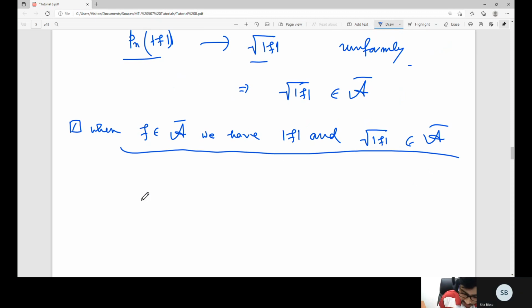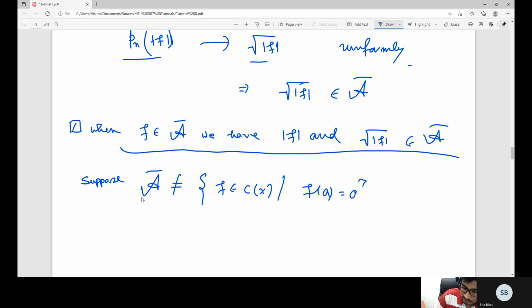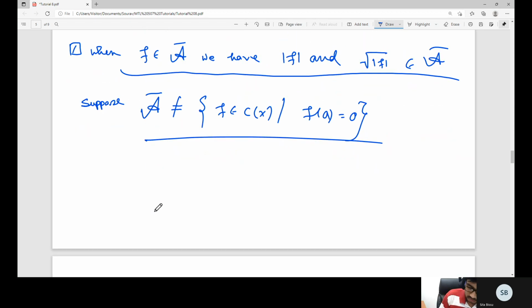Now assume, suppose the closure of A is not equal to this form: f belongs to C(X) such that f(a) equal to 0. Suppose it is not of this form. Then what happens? What is its converse argument?